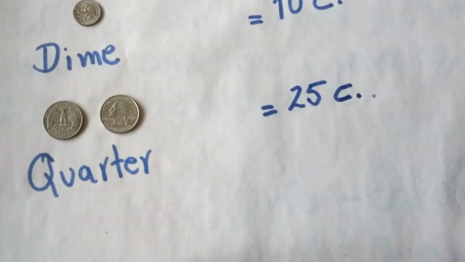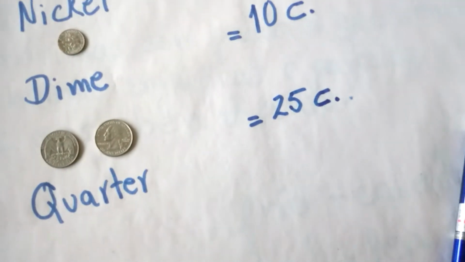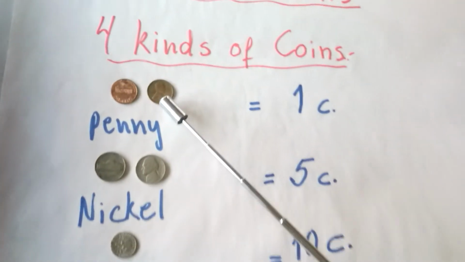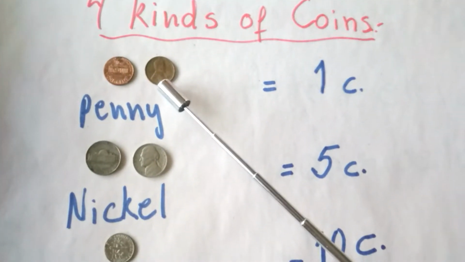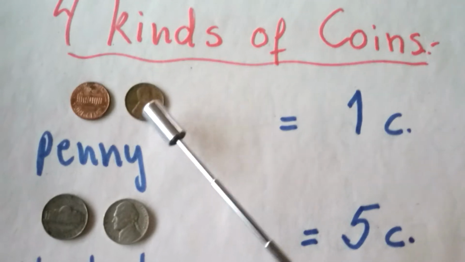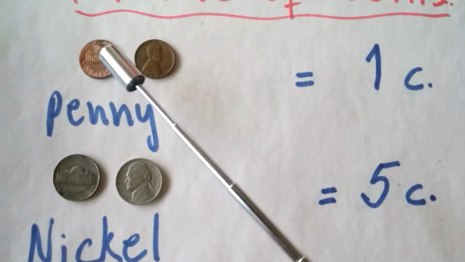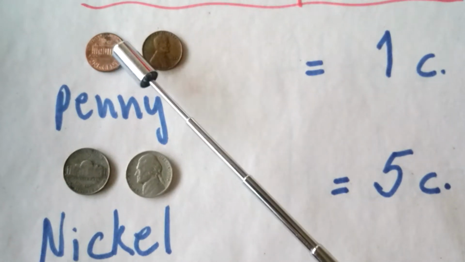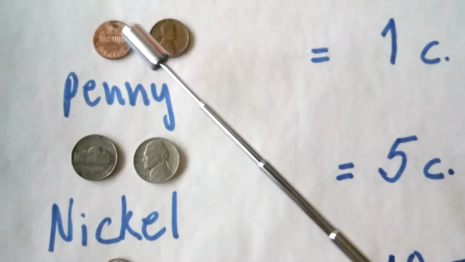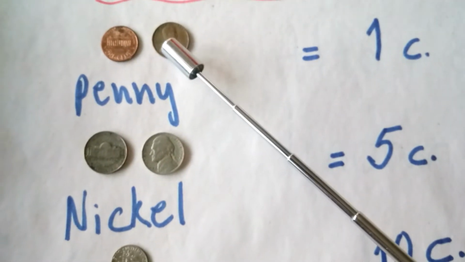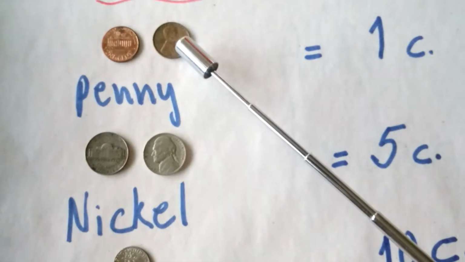Okay, now you will recognize because on the back of the penny coin we have the Lincoln Memorial in some of these pennies, and in the others we have President Lincoln in front.